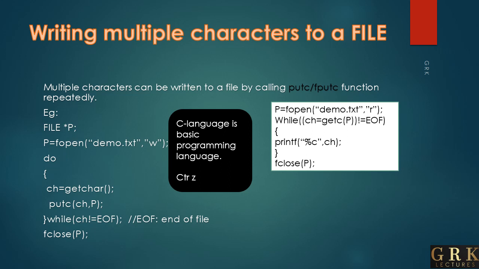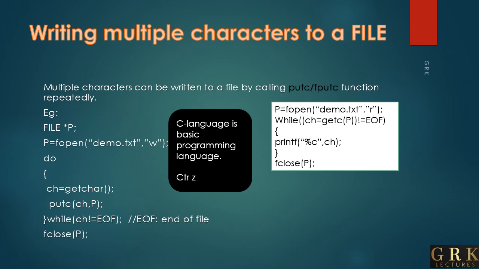Since pointer p points to demo.txt, the getc function reads one character at a time from demo.txt, and that character will be stored in a character variable, that is ch. If this ch character is not equal to EOF, end of the file, then I print that character on the console by using the printf function.